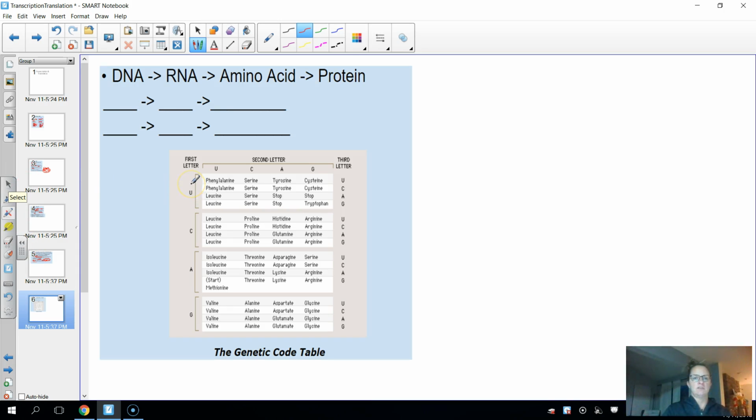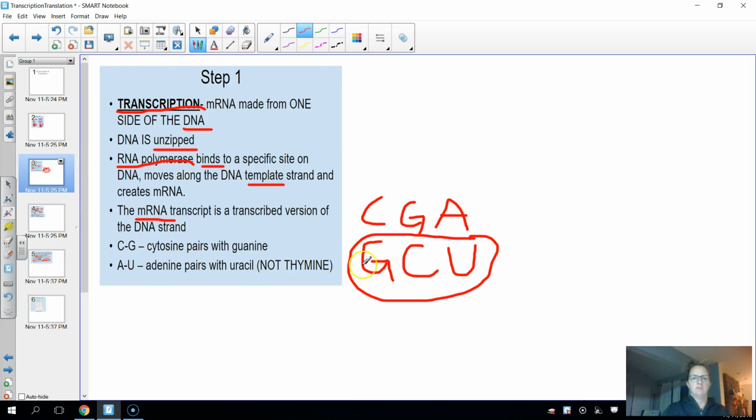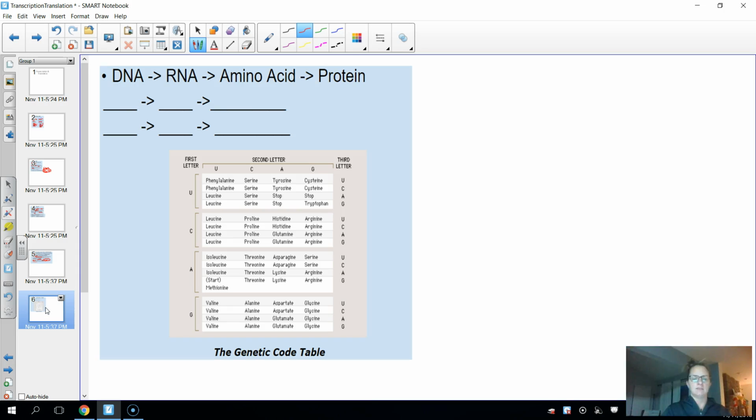For translation, you need to come up with an amino acid from the 3-letter sequence. If we go back to the one up here, we had transcribed this into GCU. Well, actually it was an RNA. GCU was the RNA, so the DNA counterpart of that was CGA.